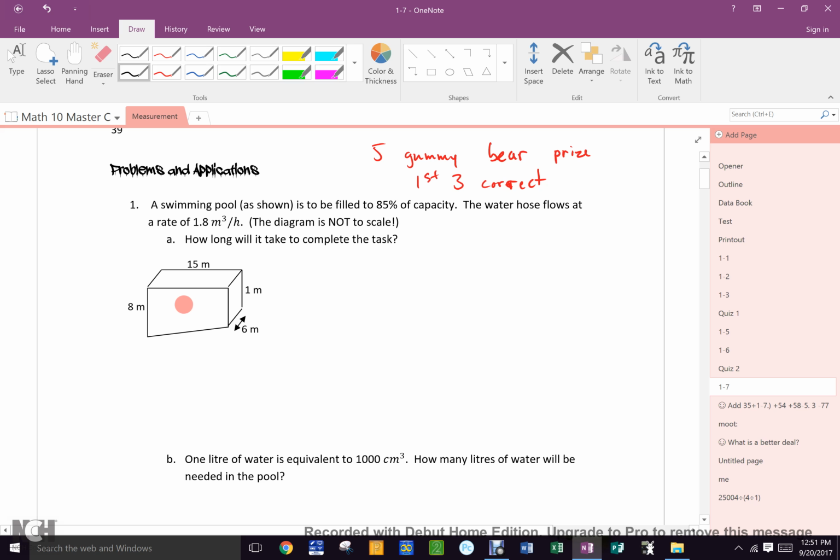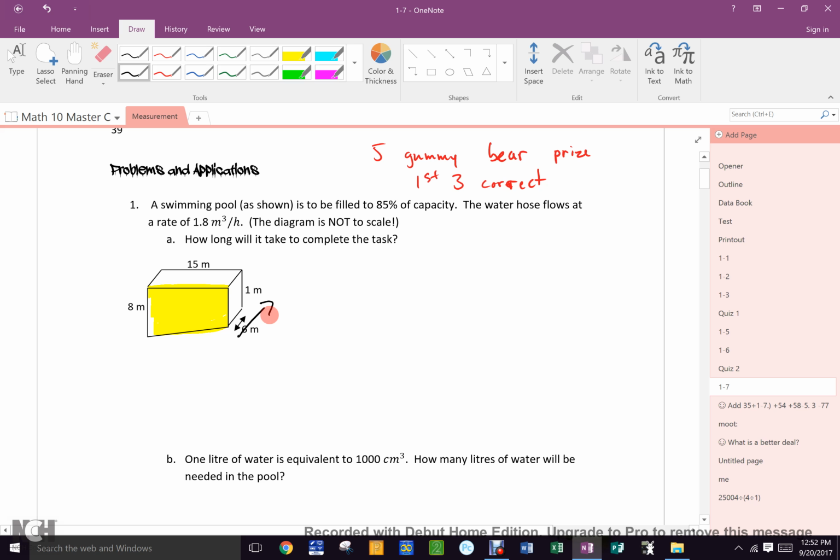What shape is that? It is not a rectangular prism, but it is a prism, yes? Does everybody agree? Why do we know that it's a prism? Because it starts with this yellow shape, and that yellow shape repeats that way, doesn't it?